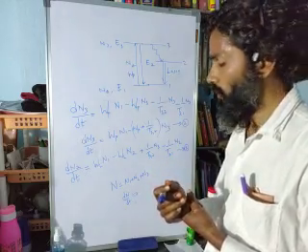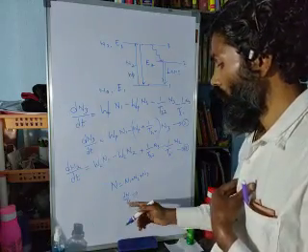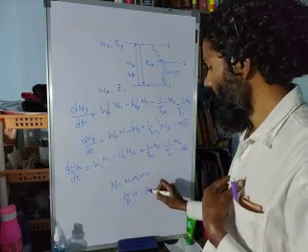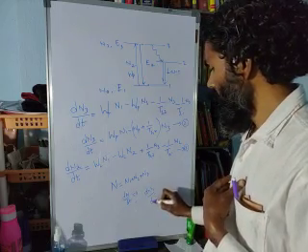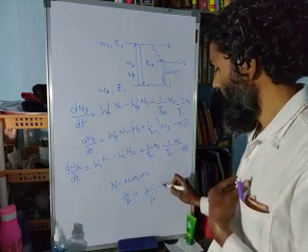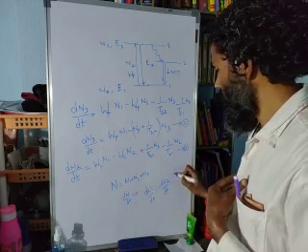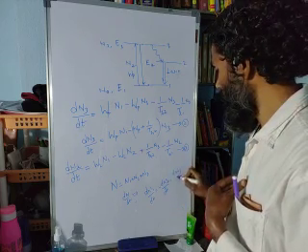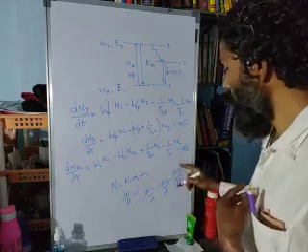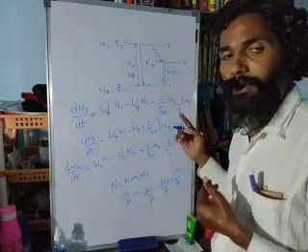So with this condition, we can say that dn1 by dt is simply negative dn2 by dt minus dn3 by dt, because if you take all of them combined, you should get 0 as the answer.